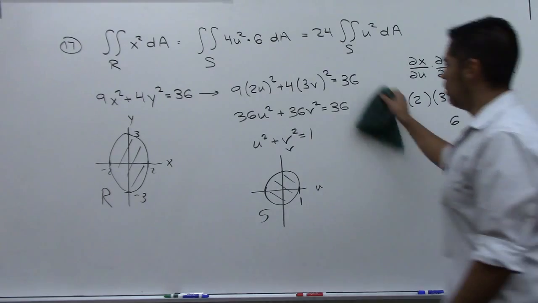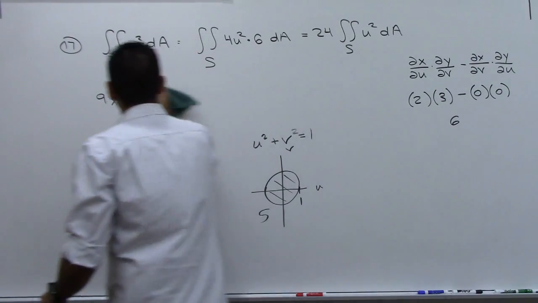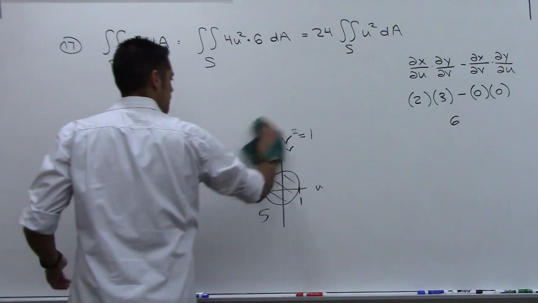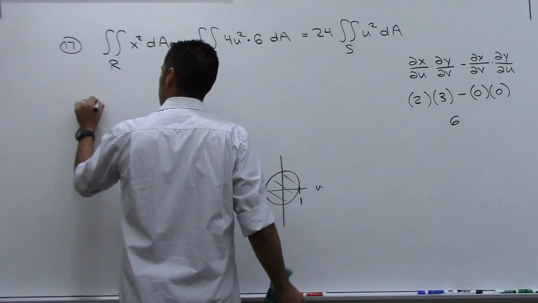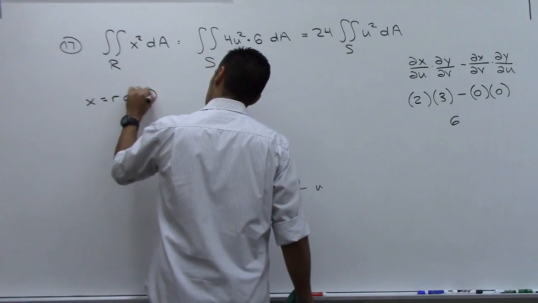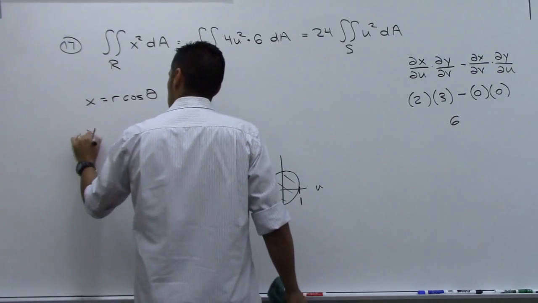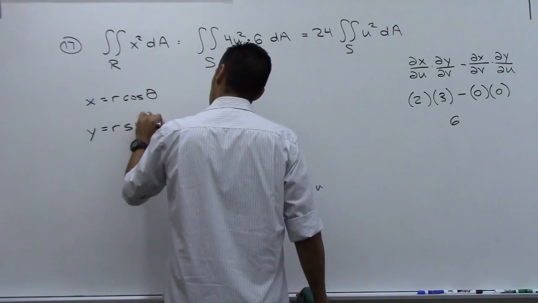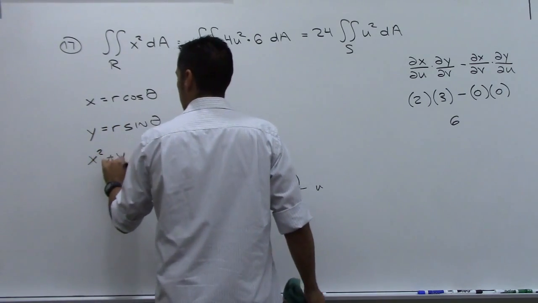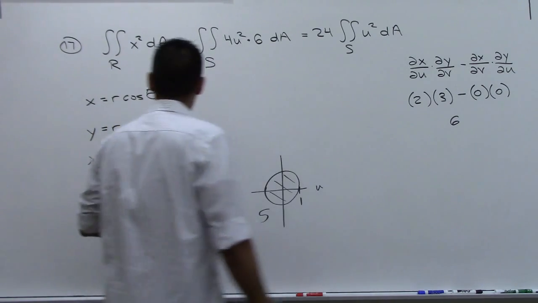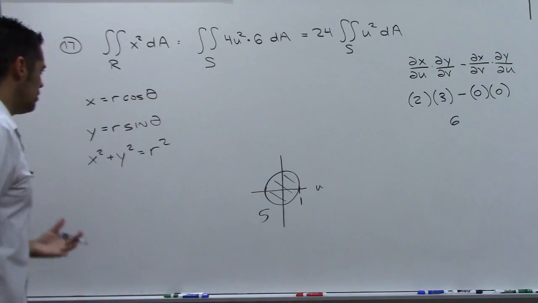So to go to polar, remember that our polar transformations were things like this. x equals r cosine theta, y equals r sine theta, x squared plus y squared equals r squared. And that's all great when our variables that we're starting with are x and y.